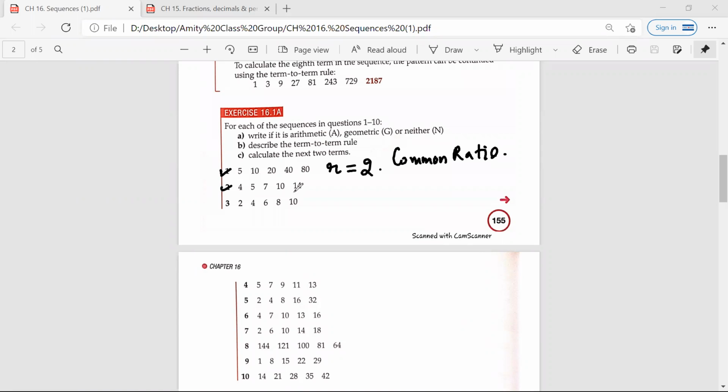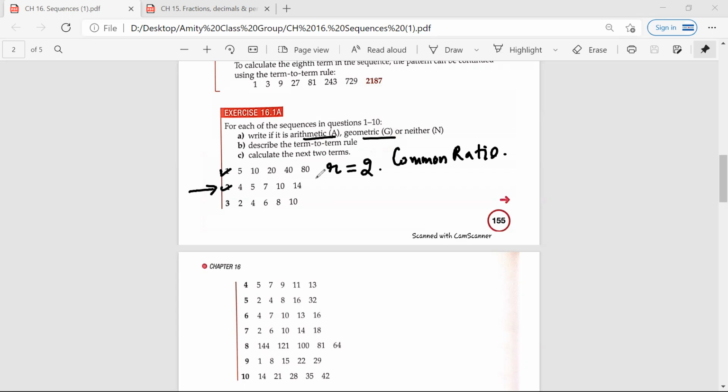Okay. Question number 2, Sanvi. Yeah, it's a geometric progression and you keep adding. So the first time you added 1, the second time you add 2, the third time you add 3. Is it an arithmetic progression or a geometric progression?